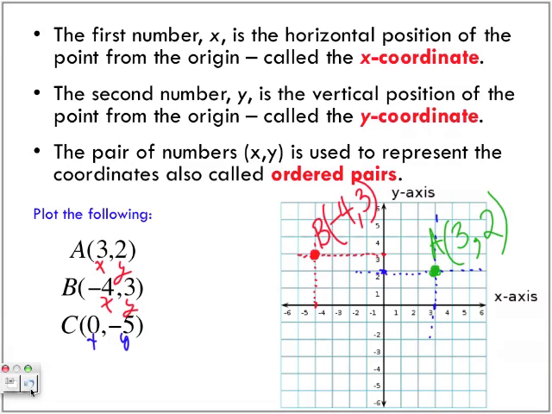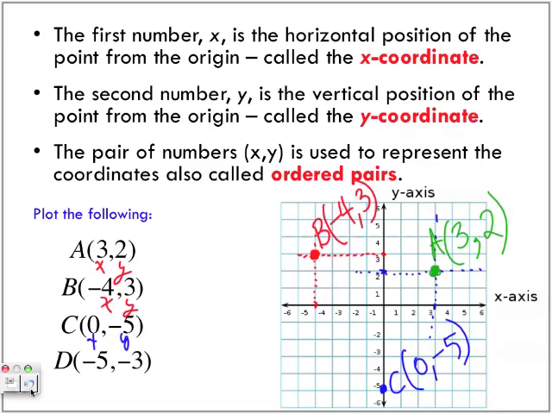Instead of drawing the two lines, I might keep my pen or pencil, preferably pencil, on where the x-axis is, and then I follow it along to where the -5 is on the y. And there is my point. And that is my point C, which is at (0, -5).